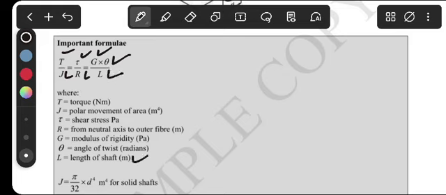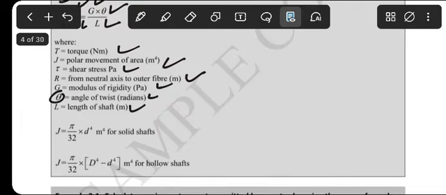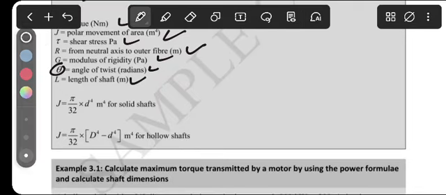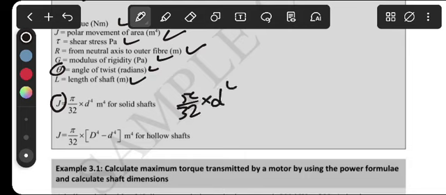As you can see, the angle is measured in radians. Must remember that G is in Pascal, length in meters, the polar moment in meters raised to the power 4, shear stress in Pascal, and torque, you know, is measured in Newton meters. So remember then, this J, polar moment of area, is pi over 32 multiplied by d raised to the power 4.